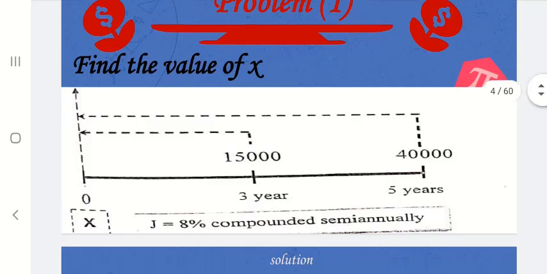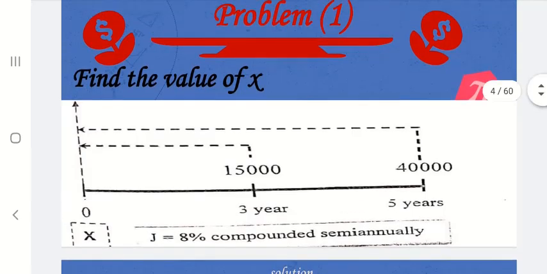Because j equals 8% compounded semi-annually, m equals 2 and i equals 8% over 2, which equals 4%. N for $15,000 equals 3 years times 2, which is 6, and the time for $40,000 is 5 years, so n will be equal 10.